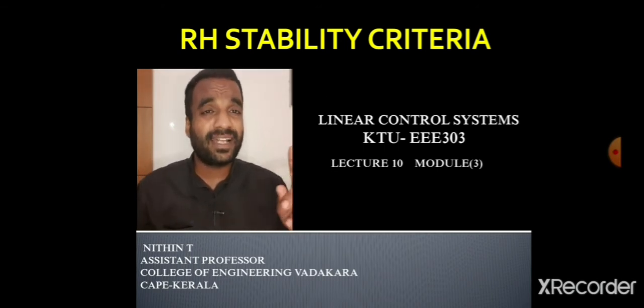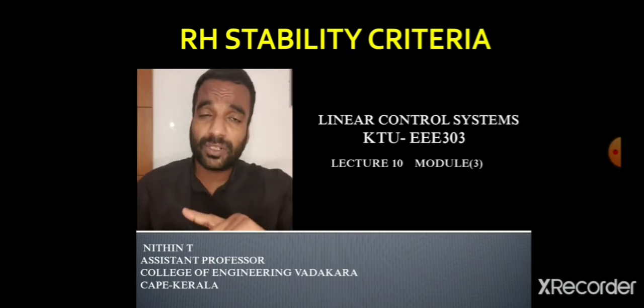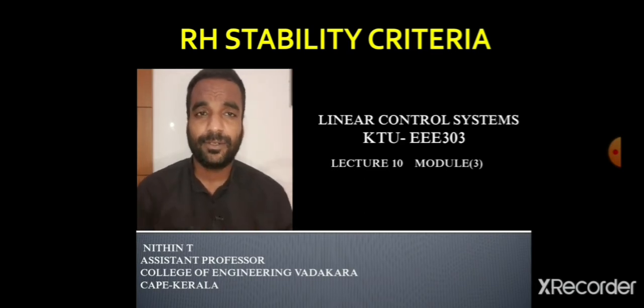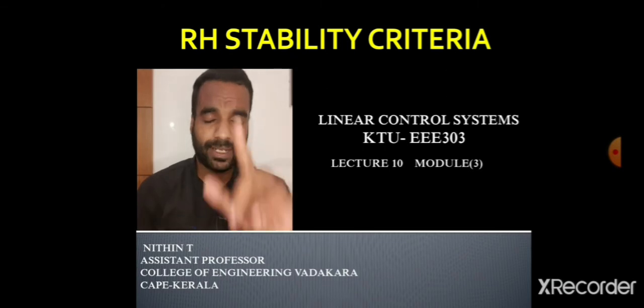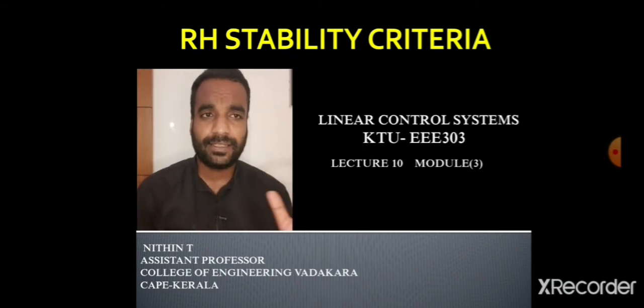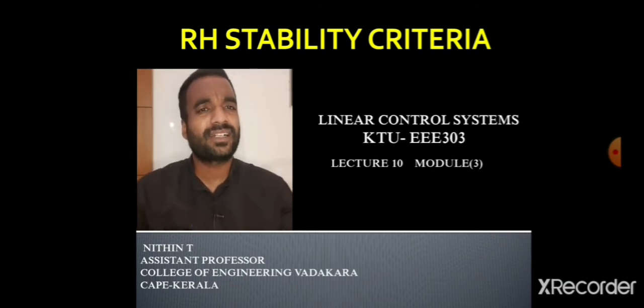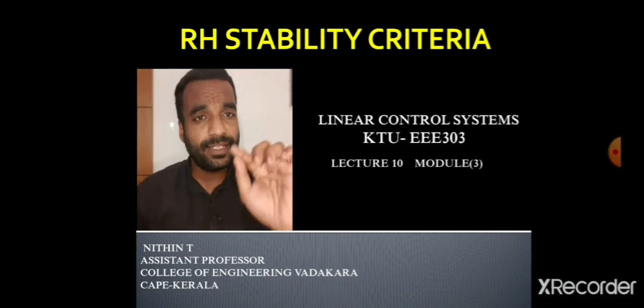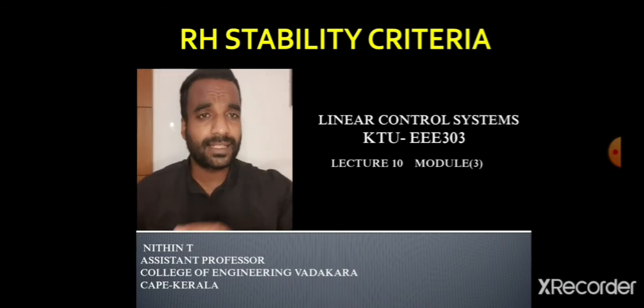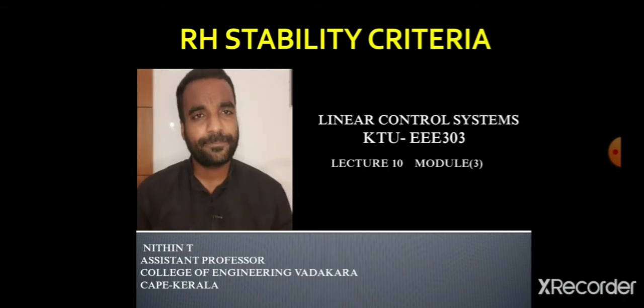But if one pole is located on the right half plane of the S domain, beyond the j omega axis, then the system will be unstable. So we don't mind how many poles are on the left side. If any one pole is located on the right side of the j omega axis, the system will be definitely unstable.